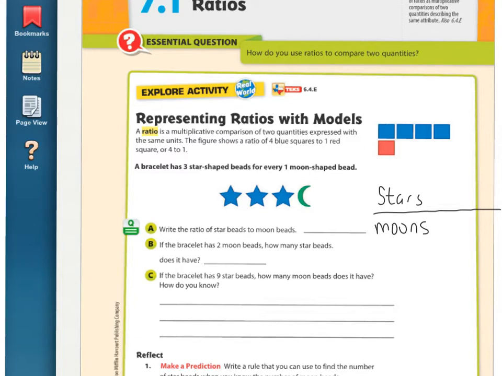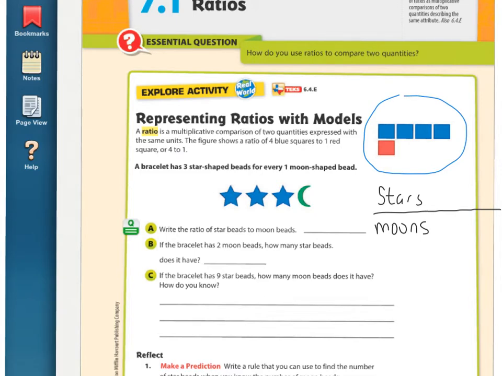So in this slide that we're looking at, they're showing you visuals of ratios. And in the very first one that they have, there are 4 blue squares and 1 red square.